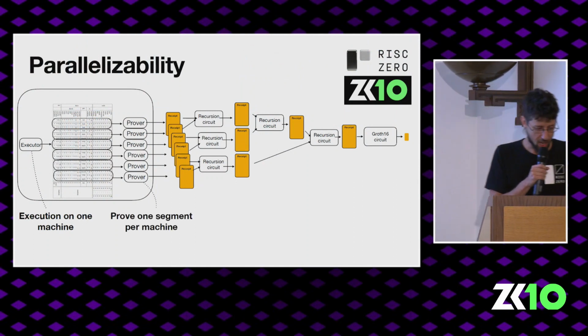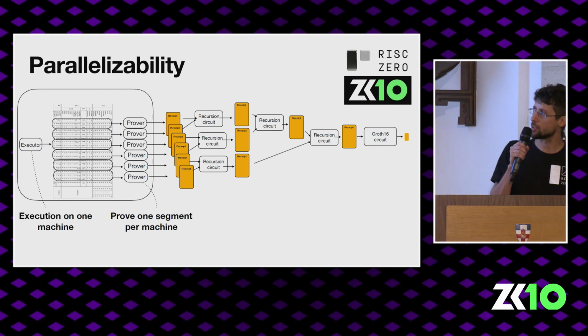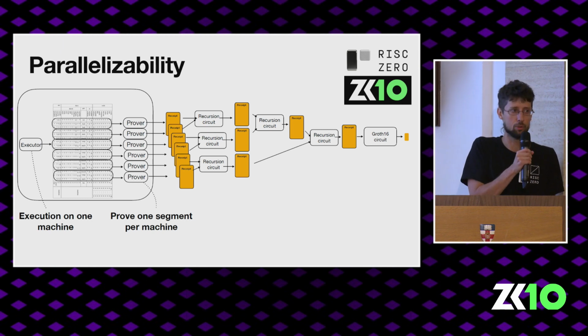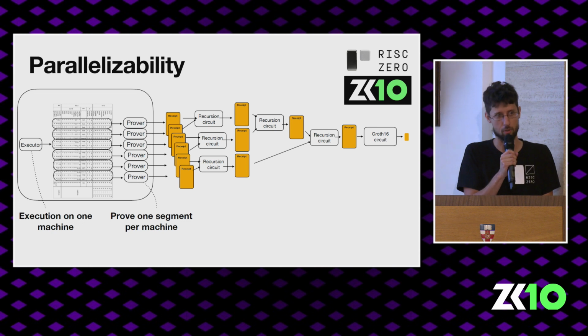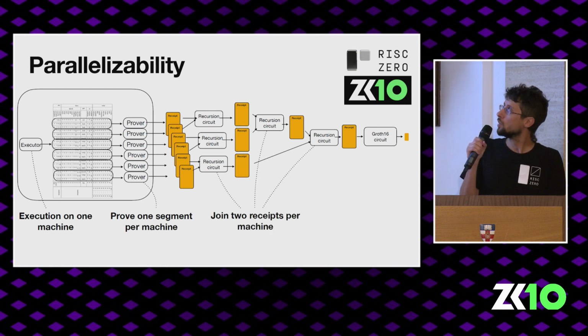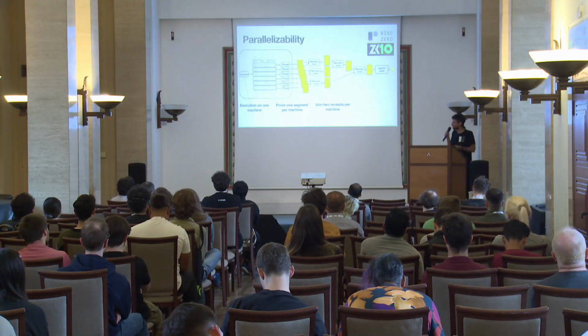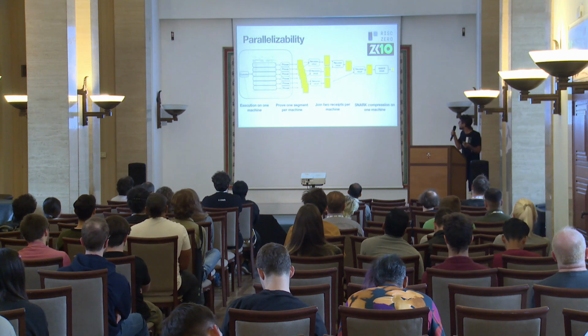The segment proofs, of which in my example there are 6, for a 6 million instruction proof, we can delegate to a cluster. If we have 6 machines on our cluster, we can ask each of them to prove one of these segments and send back the result. Similarly, for the proof aggregation part, we can delegate this to a number of machines. And the SNARK compression at the end is happening on a single machine.